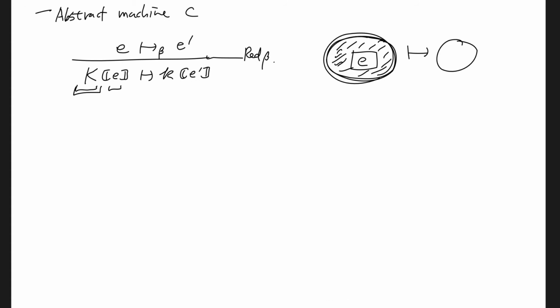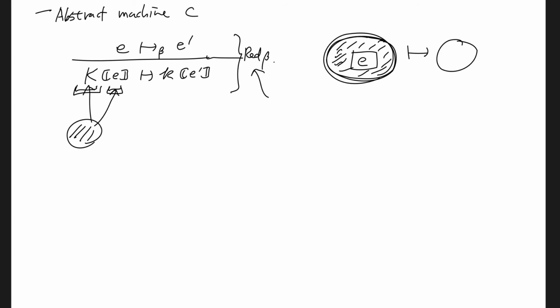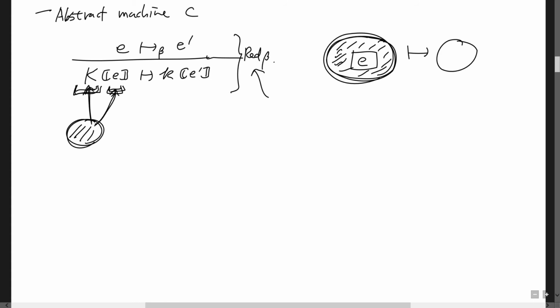But the problem is, in this reduction rule, the decomposition of the given expression into two parts, this evaluation context kappa and the redex, is implicit. In other words, somebody has told us that the given expression can be decomposed into this evaluation context kappa and expression E, and we don't know how.